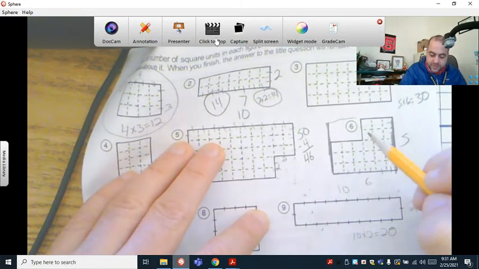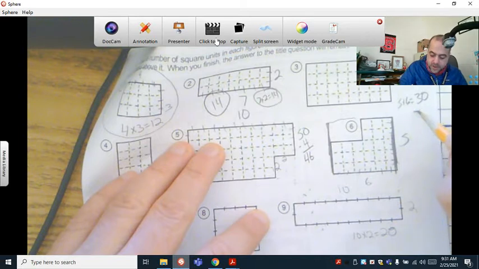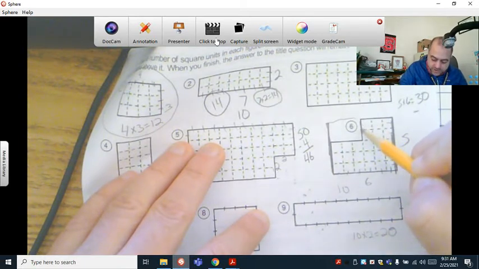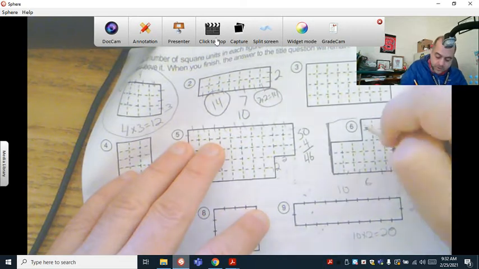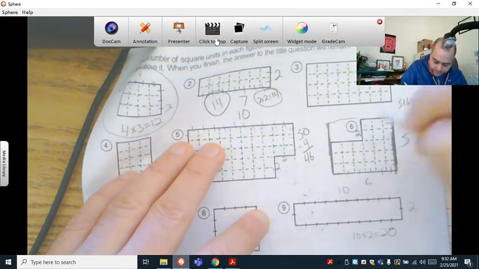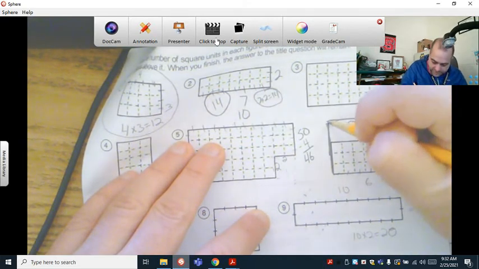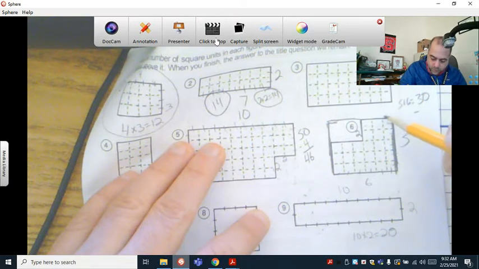Now let's figure out the missing piece to subtract out. Minus. How tall is this? It's 2, right? 1, 2. So this is 2. And how wide is this? So you've got 1, 2, 3. We know it's 6 long because it has to match this 6.